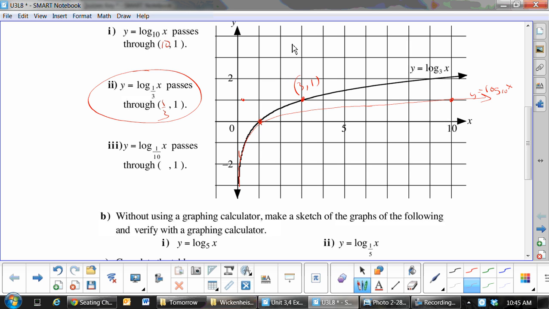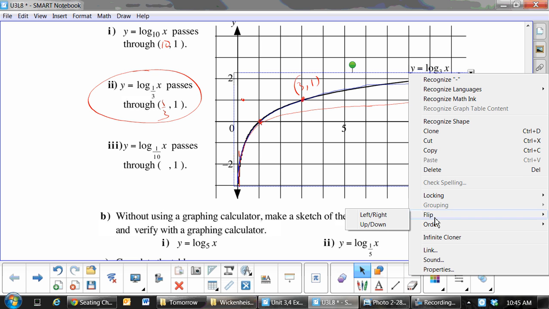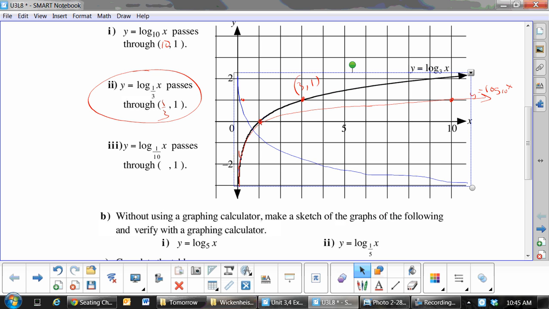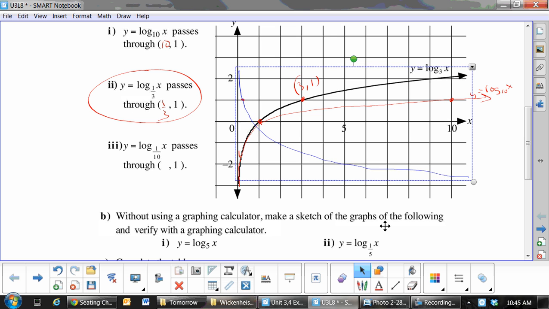So if it was a reflection, it should look something like that, hey?